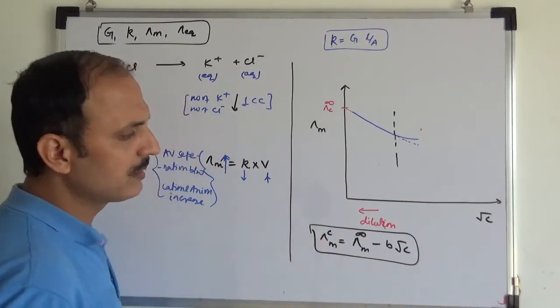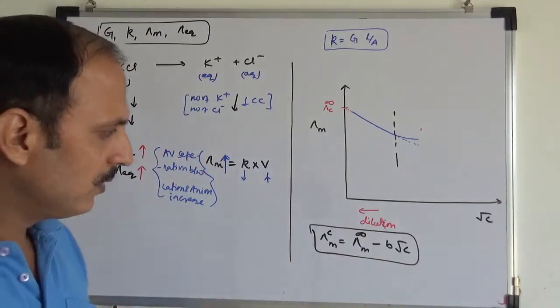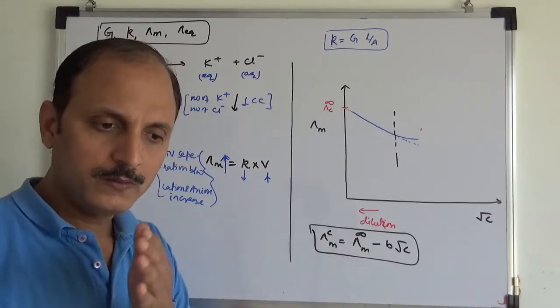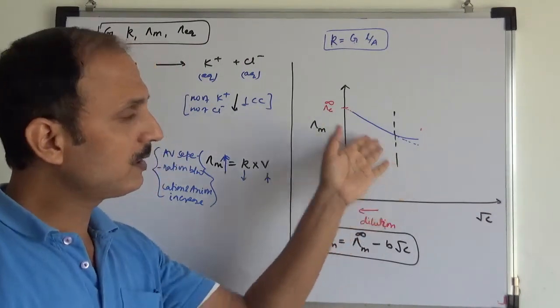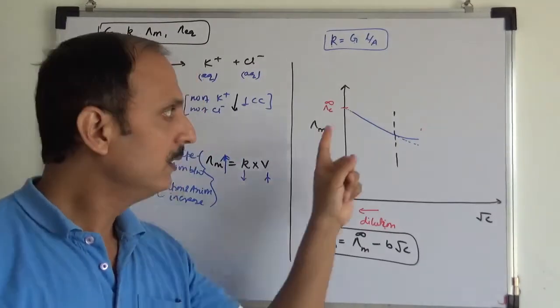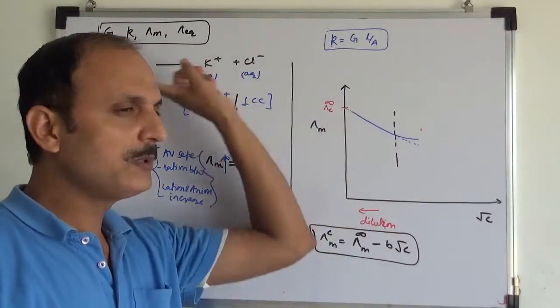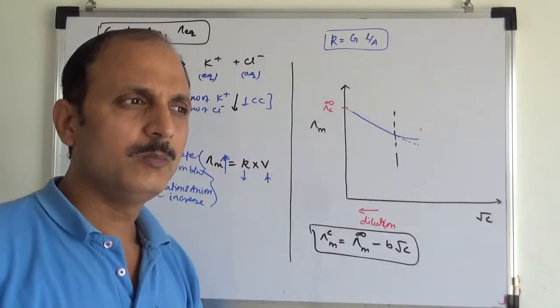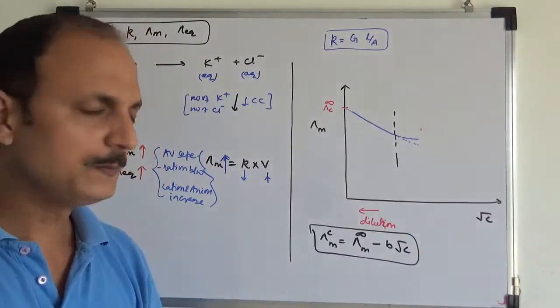at a given concentration. So if we know the molar conductance at infinite dilution, how to know? For a small concentration, draw the graph and extrapolate this. Extrapolate means place a scale on the straight line and extend it backward, where it cuts the y axis, that we can say is the molar conductance at infinite dilution.